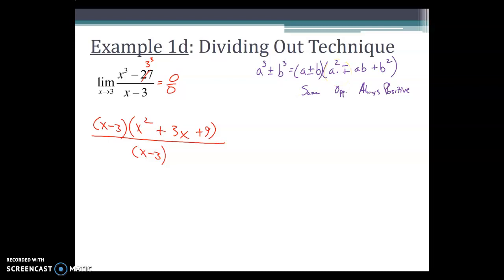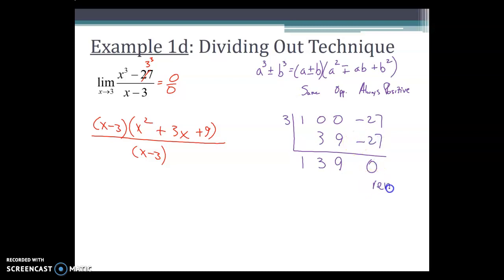The other way you can do this is actually with synthetic division. Since we know x minus 3 has to be a factor that divides out on both top and bottom, we can use positive 3 as a divisor, because positive 3 would be the root associated with that thing. So go all the way back into the depths of your factoring and synthetic division knowledge. I'm sorry, this would be 3. Adding vertically gets you that 3. Multiplying diagonally gets you the 9 here. Adding vertically, multiplying diagonally.